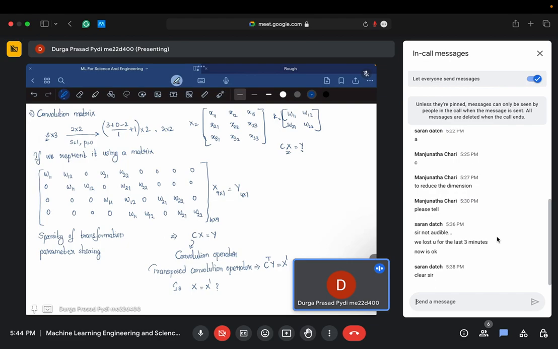Instead, I will convert x into a 9 by 1 matrix. Initially x is a 3 by 3 matrix, and I am converting it into a 9 by 1 matrix. Essentially you just write the elements in one sequence, x11, x12, x13, x21 and so on. So like this you will have a 9 by 1 matrix.